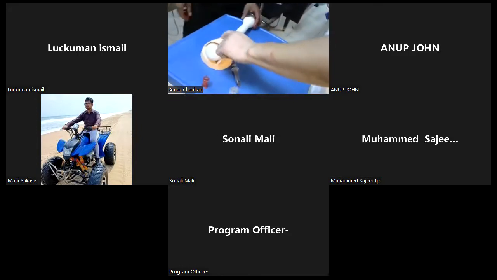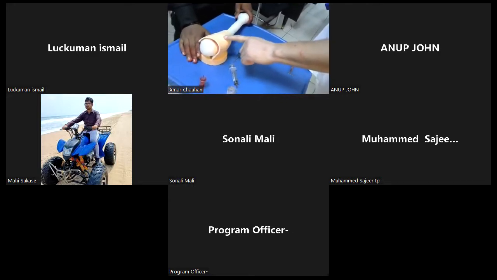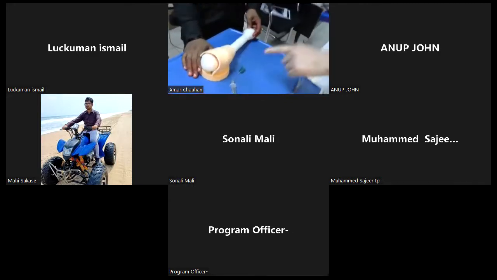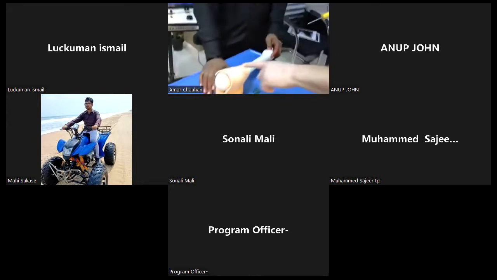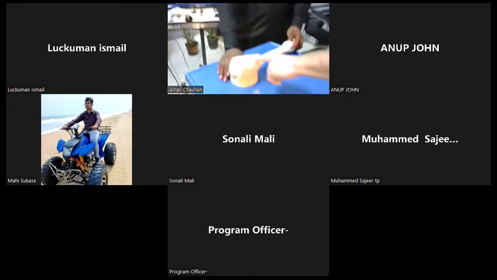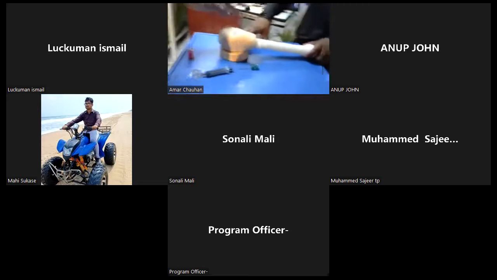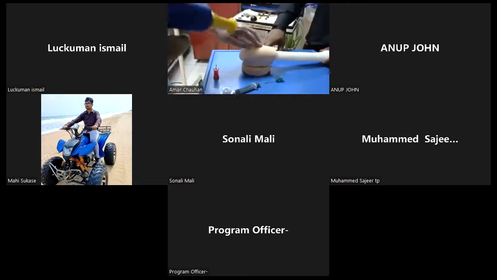Coming to the humerus, doctor, we can move to the intraosseous mannequin. Now I'm demonstrating humerus IO access with the mannequin. This is our humerus IO access mannequin, and the technique is the two finger technique. You first keep one finger on the lesser tubercle, second on the lesser tubercle.